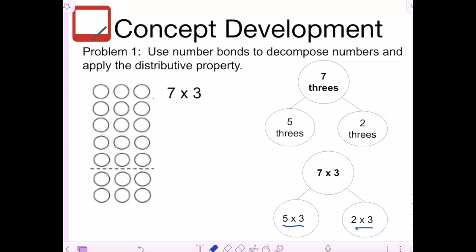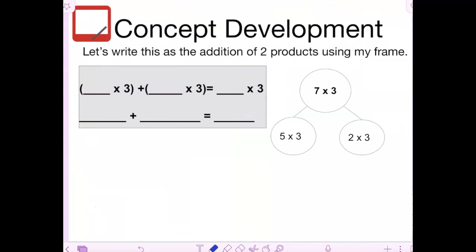The next thing we're going to do is we're actually going to solve those multiplication facts. So we're going to fill in 5 times 3 plus 2 times 3 equals, if we add those two together, we get our 7 times 3, which is our unit right now.